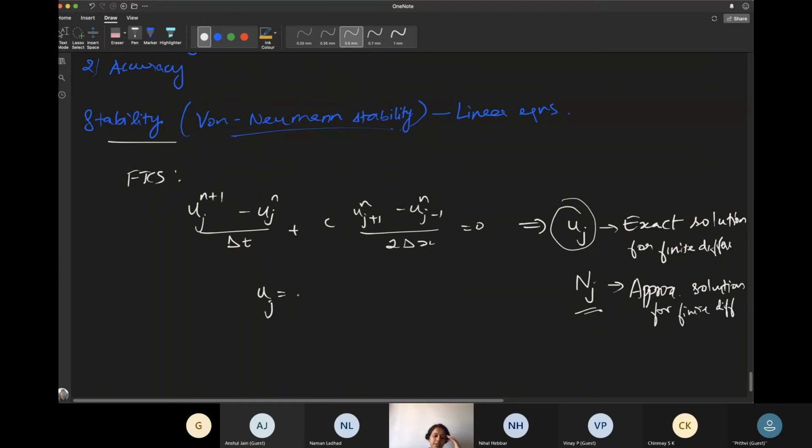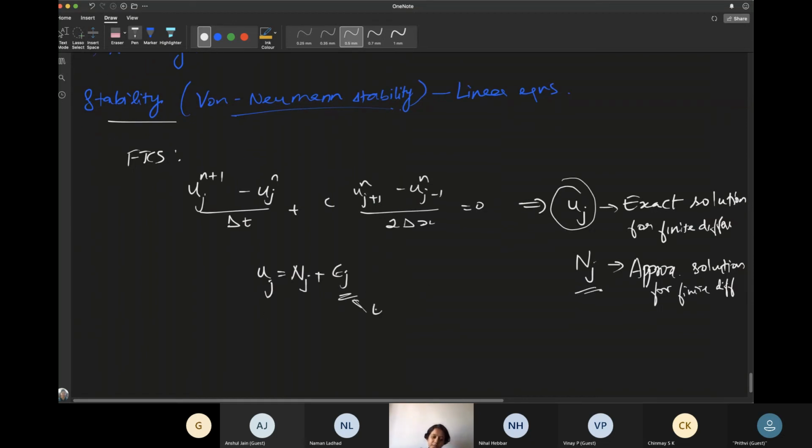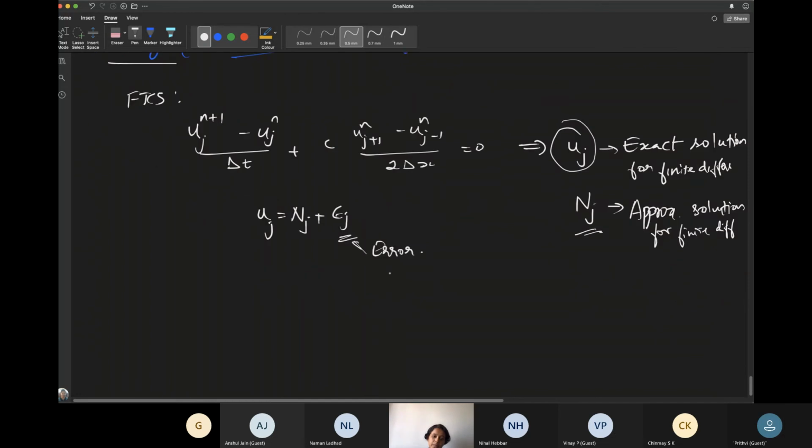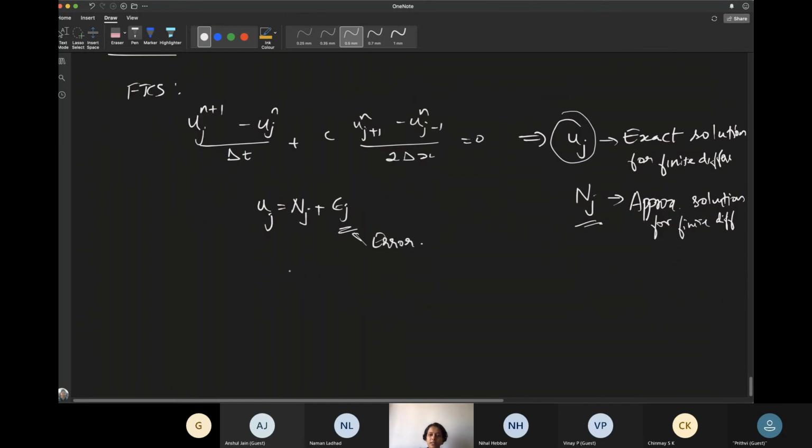So I'll write uj as nj plus epsilon j. So epsilon is the error. In this case, U follows FTCS, that is, this is your finite difference equation.